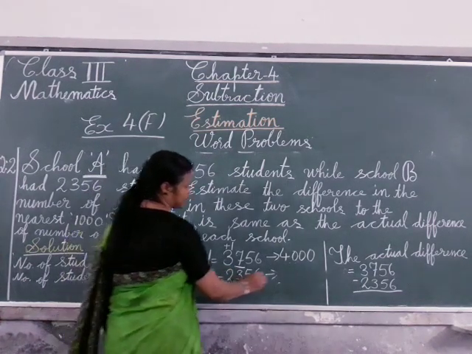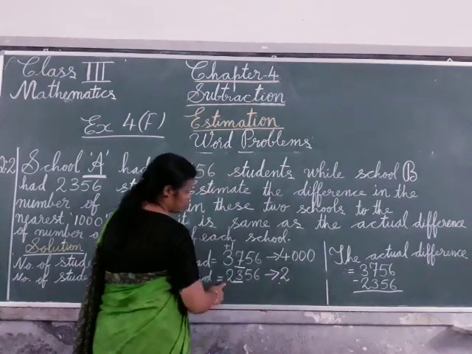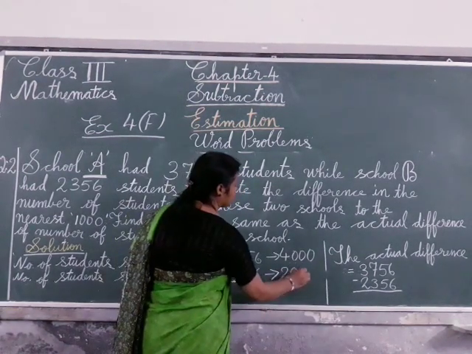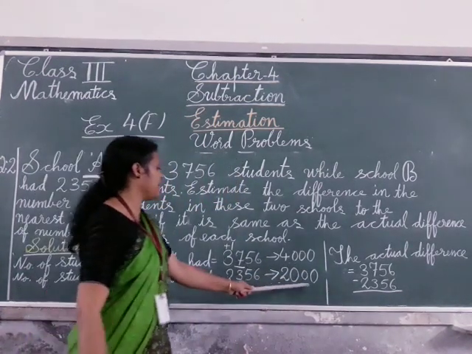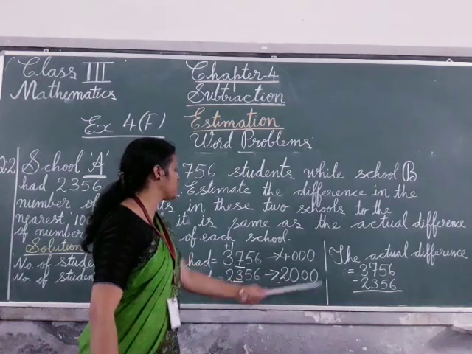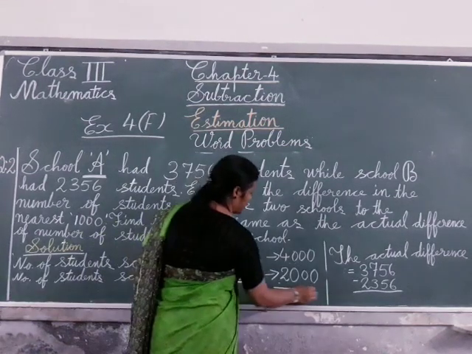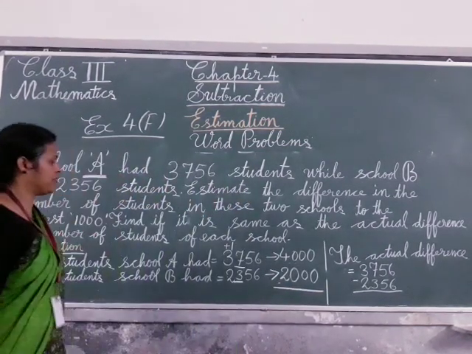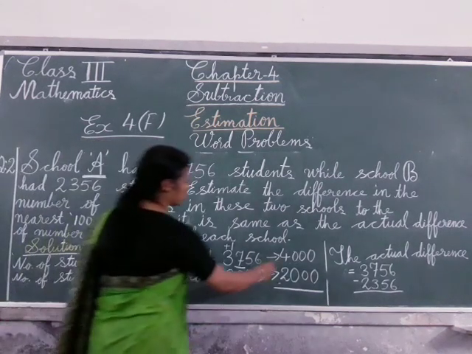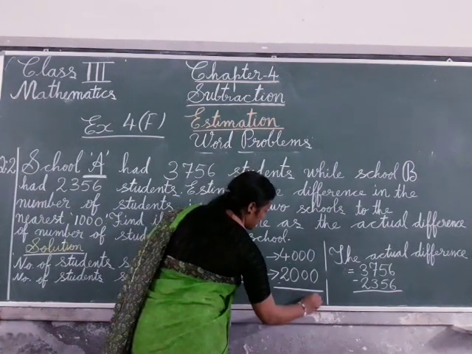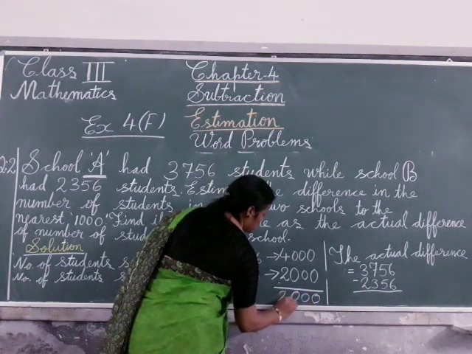We keep the number as it is, with no change, and at the hundreds place, tens place and ones place we keep 0. Now the difference between these two numbers we get as 2,000.